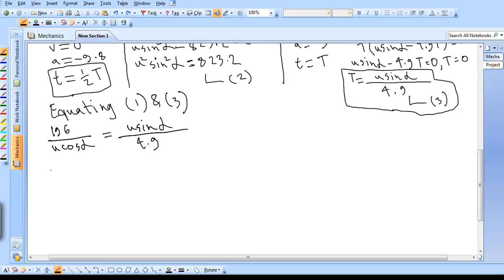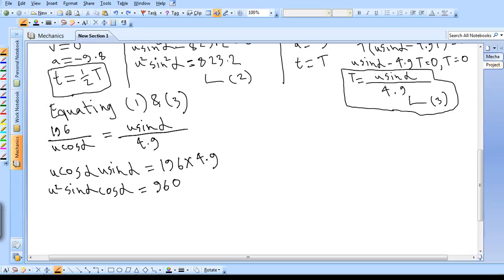If you rearrange, you will get something like this: you just need to cross multiply, u sine alpha times 196 equals u cos alpha times 4.9. So here you will get u square sine alpha cos alpha equals 960.4, and here you get the fourth equation.